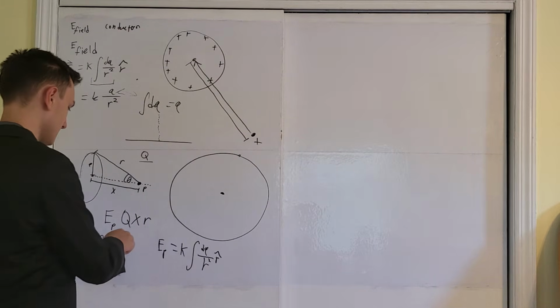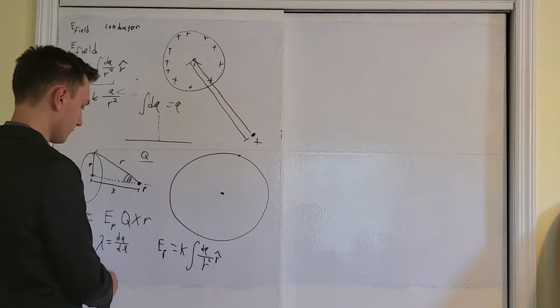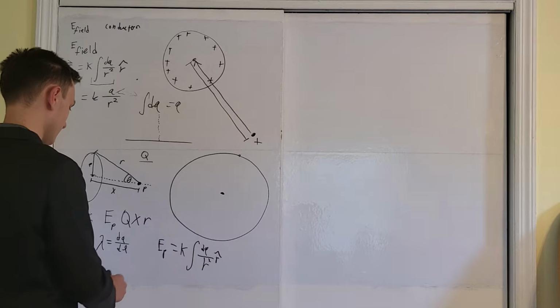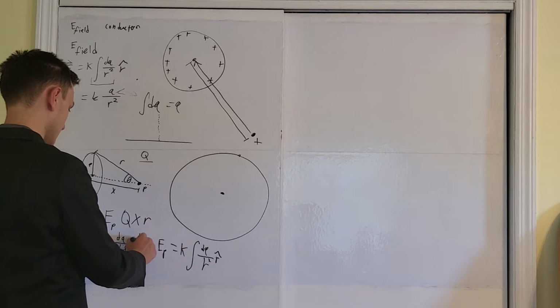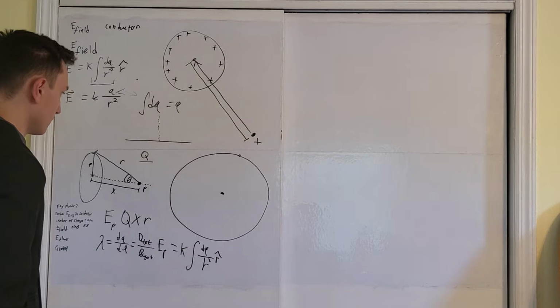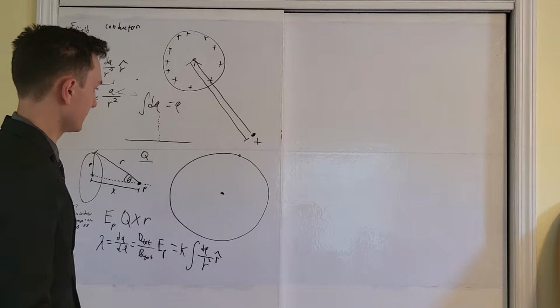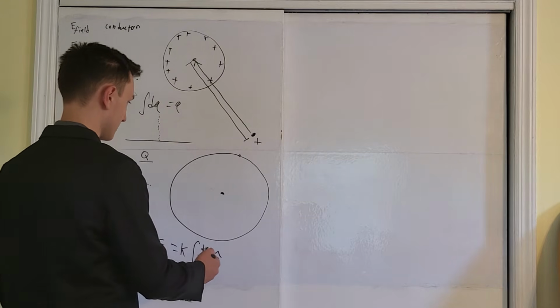No, we weren't. However, we were given that there is a uniform density. Therefore, lambda, being our charge density, is the derivative of charge with respect to length. If it's a uniform charge density, then the derivative of charge with respect to length is just the total charge over the total length. So what is the total length of my ring right here? Well, it's going to be the circumference.